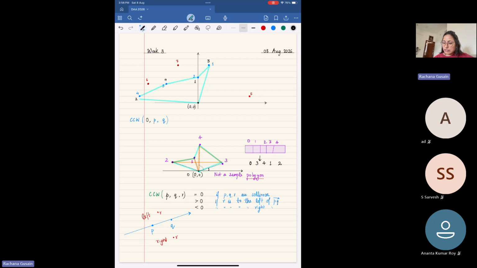Let's assume that the input is such that no 3 points are collinear. Then I just have to check whether the CCW returns a negative or a positive value. If I have just 2 points, it's going to be something like this.